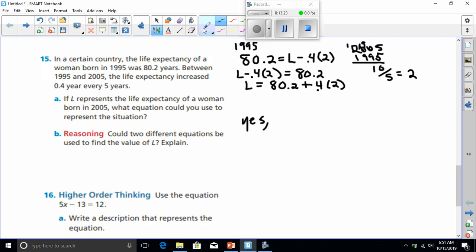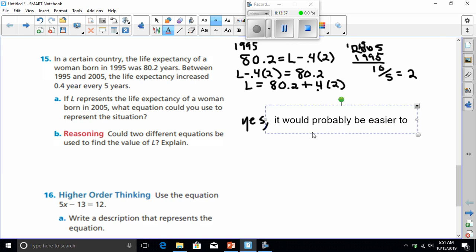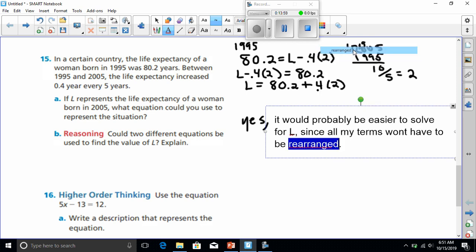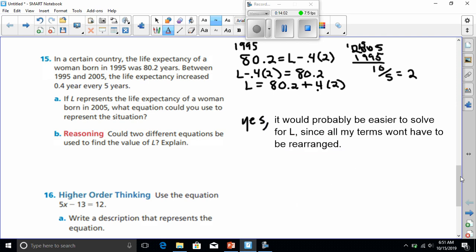And I'm going to say that yes, and it would probably be easier to solve for L since all my terms won't have to be rearranged. All right.